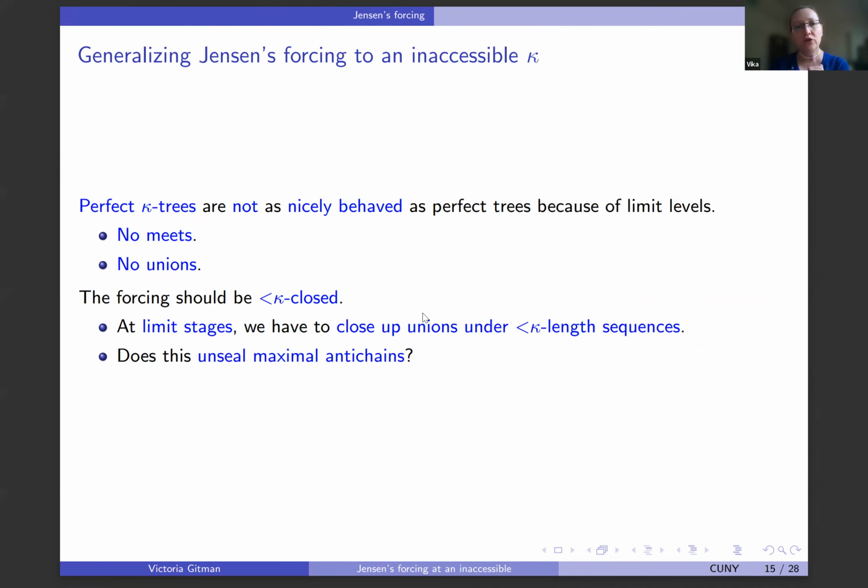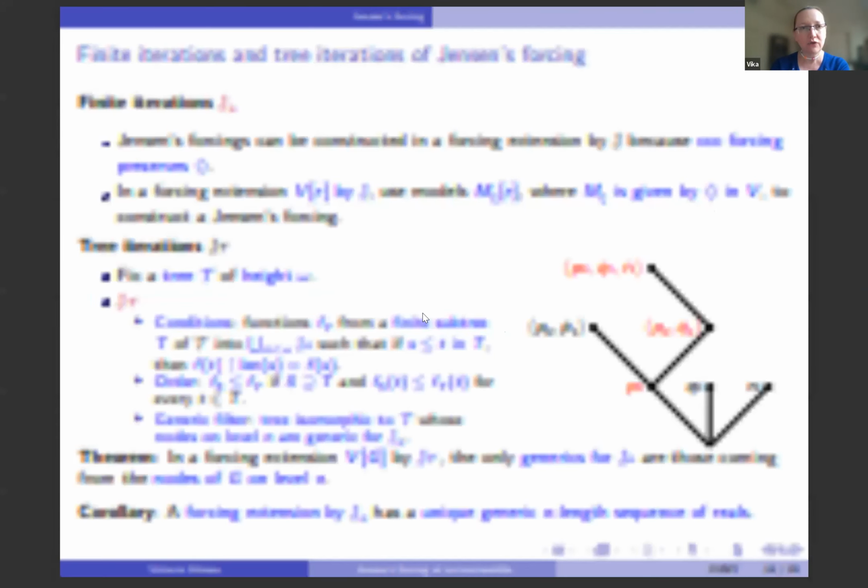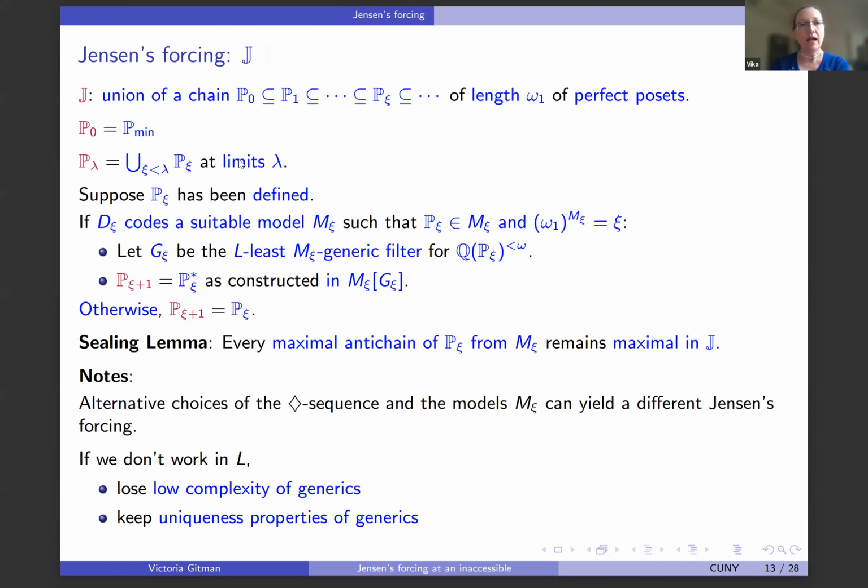In order to be useful, the generalized Jensen forcing needed to be less than kappa closed. So now think of the construction again of Jensen's forcing. If we want to generalize the construction, it would have to be built in kappa plus many steps.